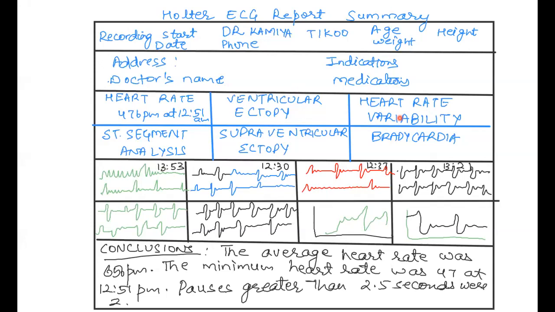Next is supraventricular segment analysis. And this was supraventricular ectopy. So they tell us about the pauses. How many pauses were there in beats? Bradycardia event tells us if the pauses were more than 2.5 seconds. That means if your heart stops pumping for at least 2.5 seconds, that means it's bradycardia.